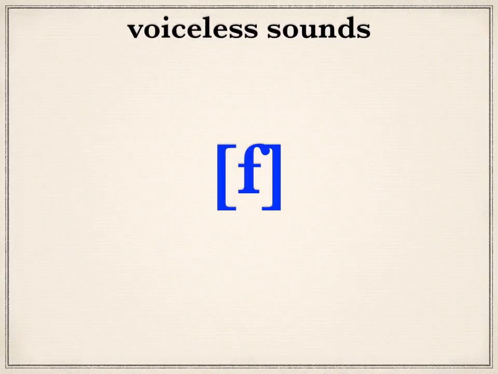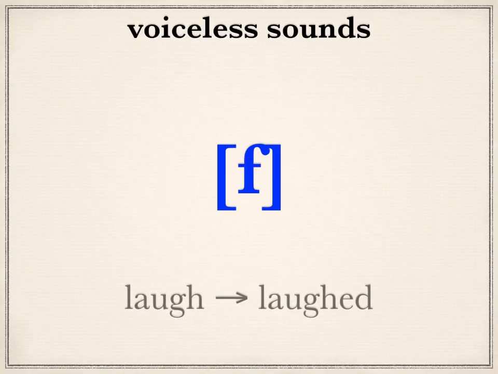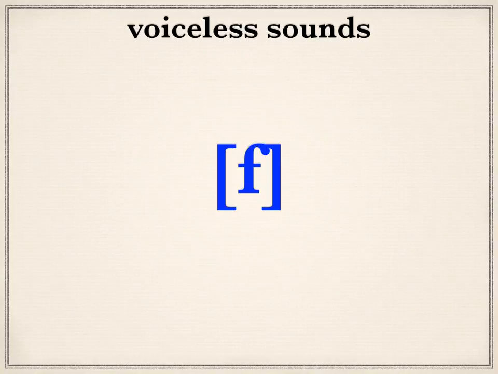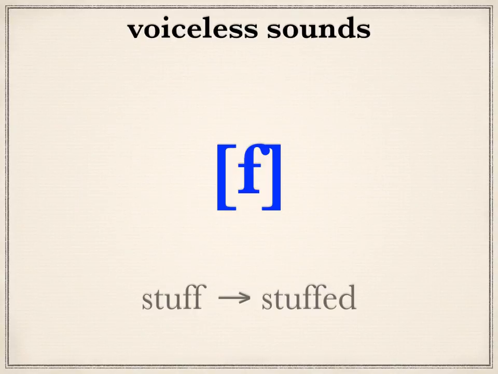Next up would be laugh, which becomes laughed, laughed. Now notice there the spelling is not an F at the end, it's a GH, but it's the pronunciation of that last sound that indicates what the sound will be for that ed. Next up we have stuff, which becomes stuffed.